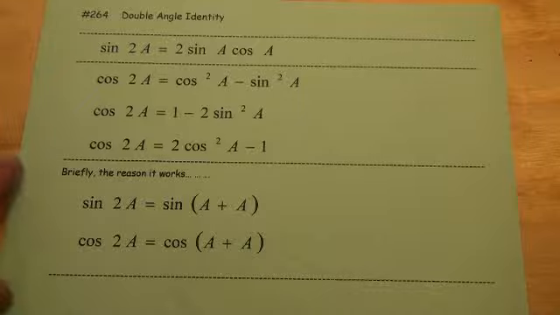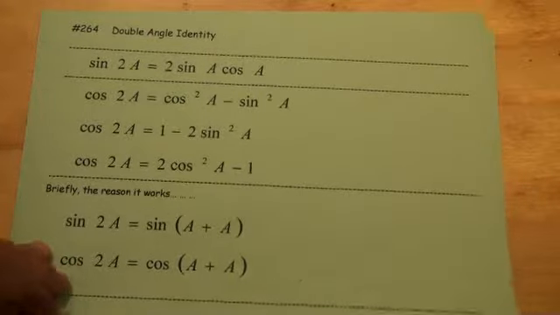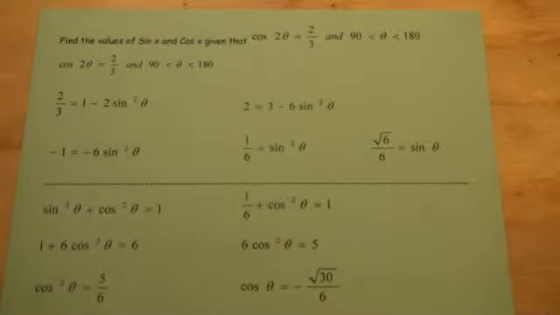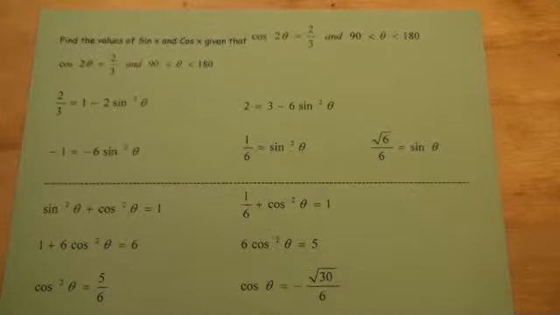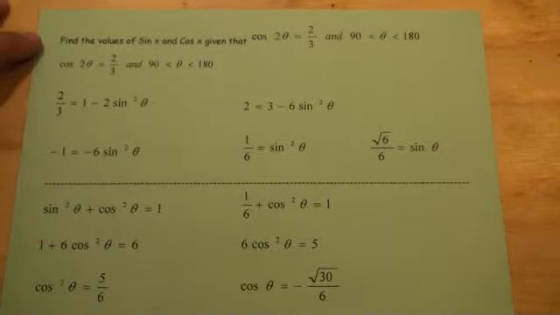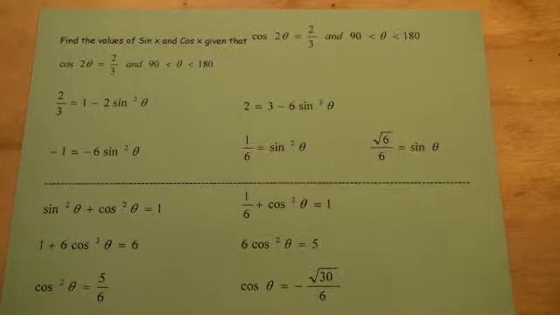Okay? So in the rest of this video, let's go through and try a few sample problems. Here is the first one. Find the values of sine theta and cosine theta given that cosine double theta equals 2/3, and theta is between 90 and 180, which means theta is in quadrant 2.